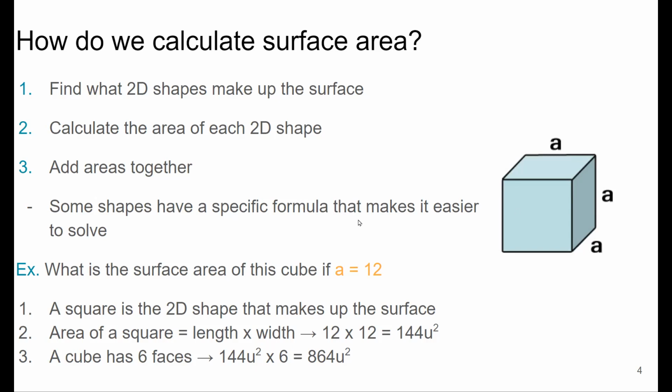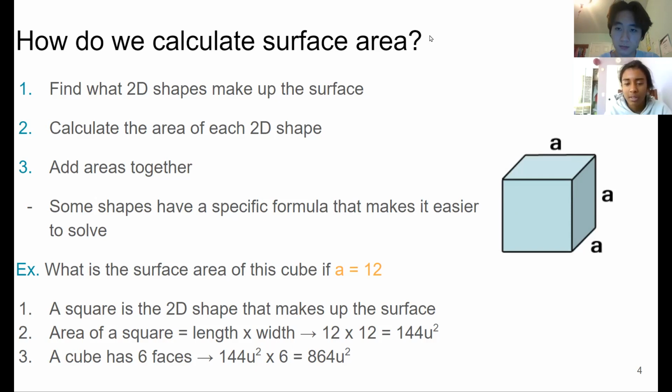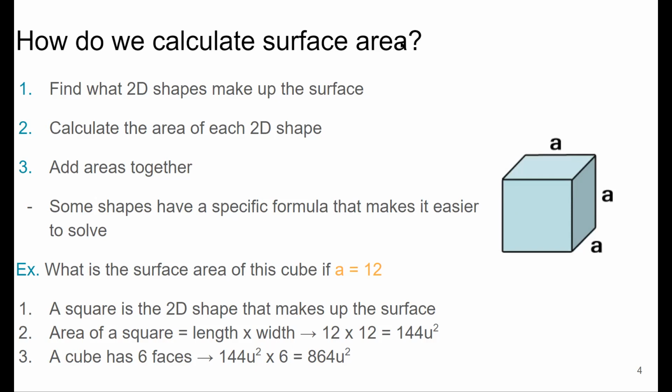But for this example, what is the surface area of this cube if a equals 12? If the length equals 12, then we know the width and height also equal 12. So a square is a 2D shape that makes up the surface, like we just said.